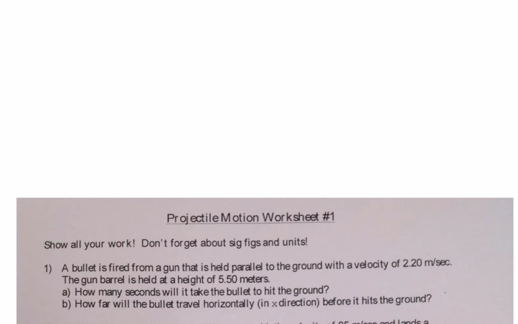So now that you've tried solving it on your own, first step is draw a picture. So we have a bullet is fired from a gun that's held parallel, so we know that our line is going to be parallel. And it has the initial velocity of 2.2 meters per second.